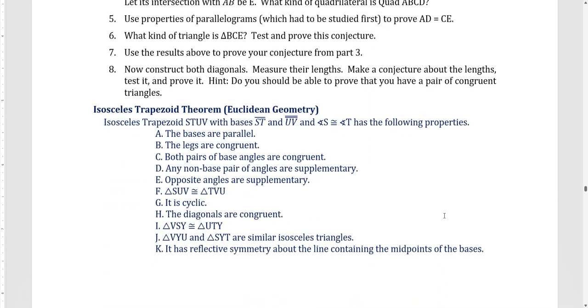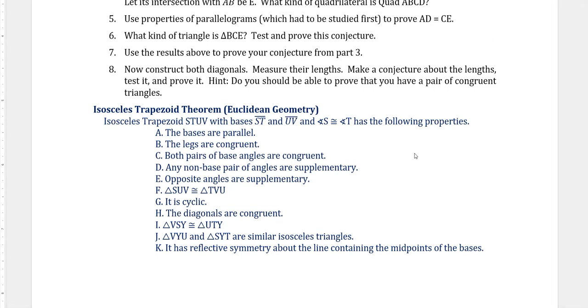So here are some of the properties that we just found and proved for an isosceles trapezoid theorem. An isosceles trapezoid, now this one I named a little bit differently, isosceles trapezoid STUV with bases ST and UV, and angle S is congruent to angle T. That's an isosceles trapezoid by definition, has the following properties.